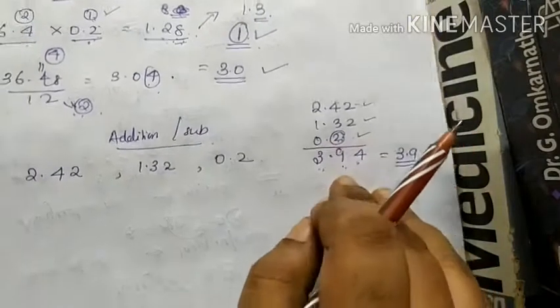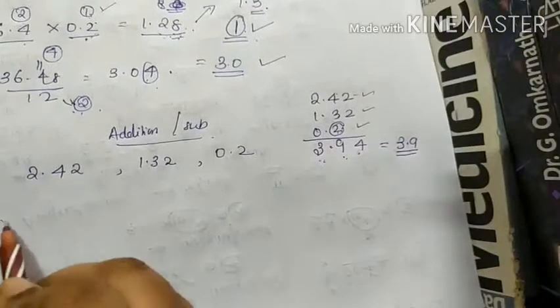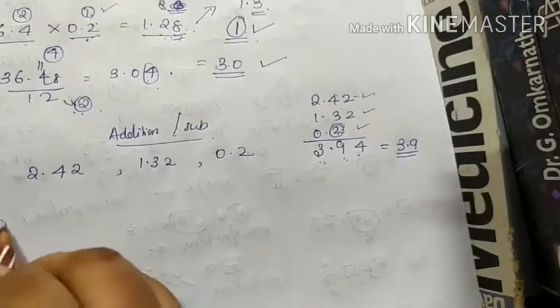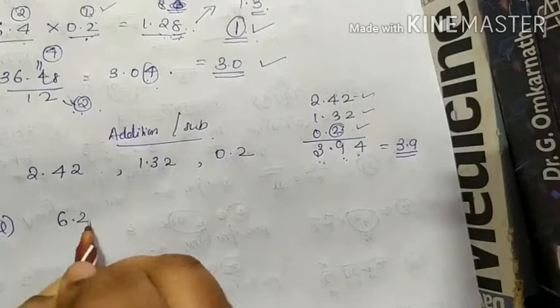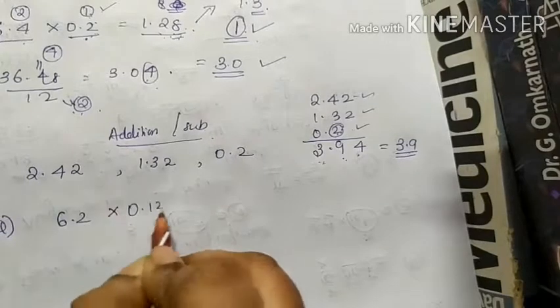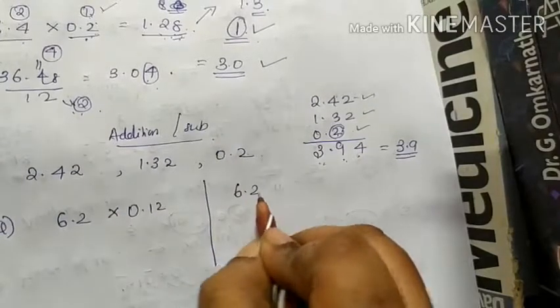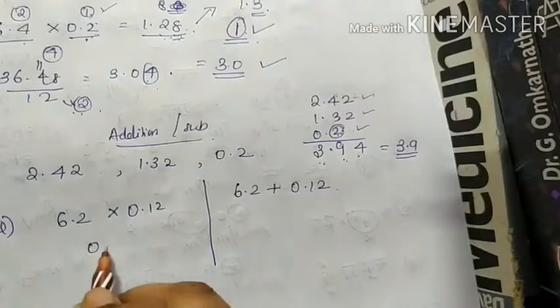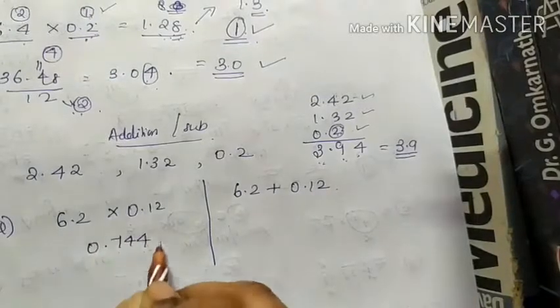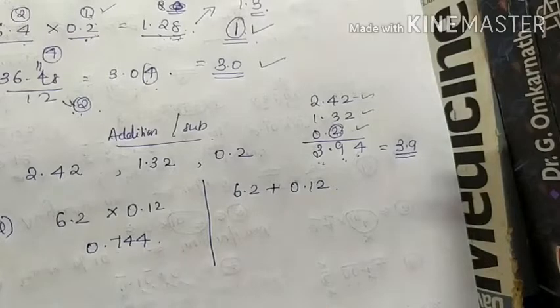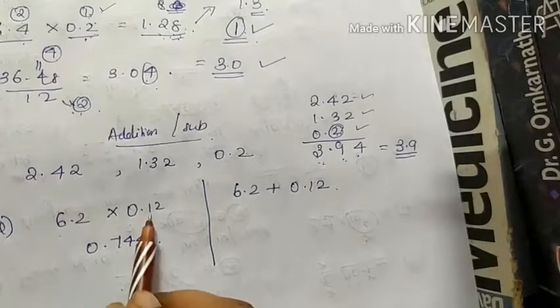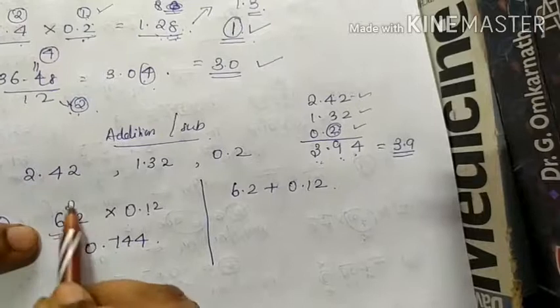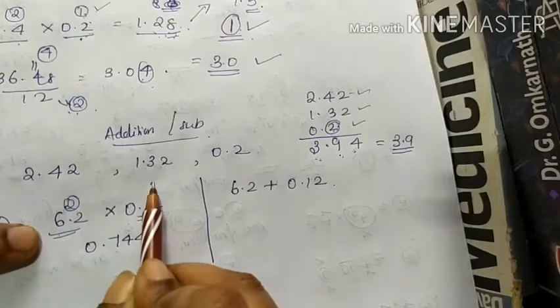Let's take another example. I will compare two operations: 6.2 multiplied by 0.12, and 6.2 added to 0.12. When you multiply, you will get 0.744. When you compare these two numbers, this has 2 significant figures, this has 3.